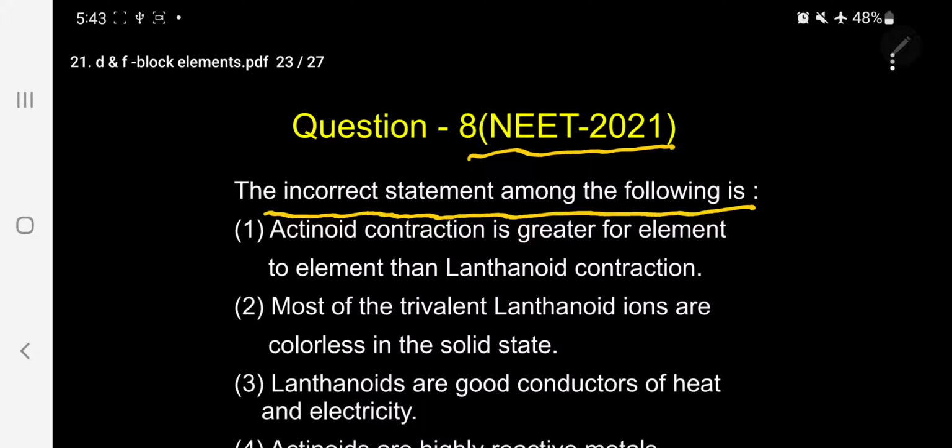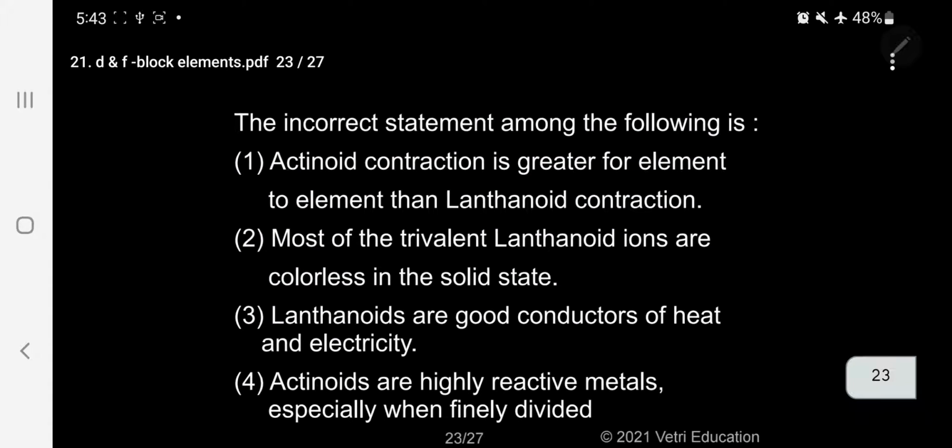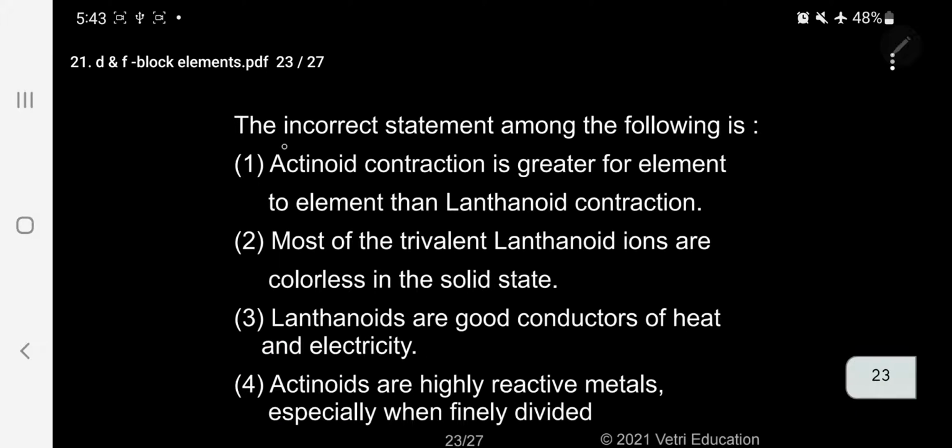Option 1, actinoid contraction is greater from element to element than lanthanoid contraction. 2, most of the trivalent lanthanoid ions are colorless in the solid state. 3, lanthanoids are good conductors of heat and electricity. And 4, lanthanoids are highly reactive metals, especially when finely divided. So we have to find out which is the incorrect statement.